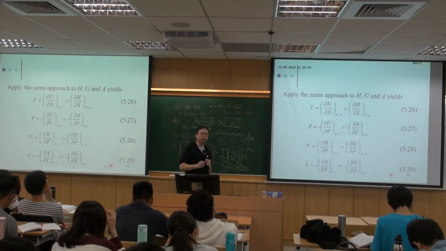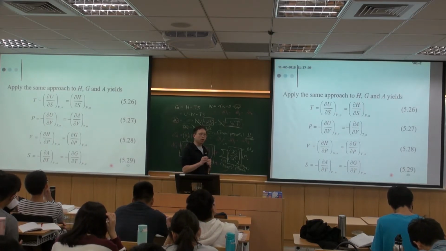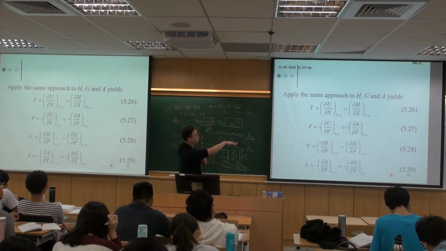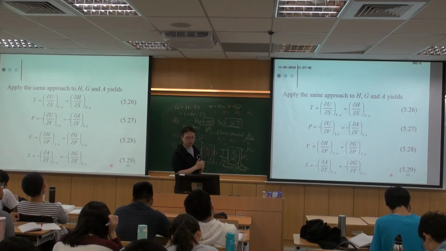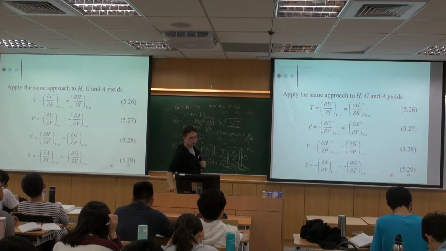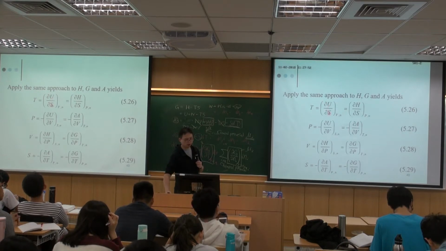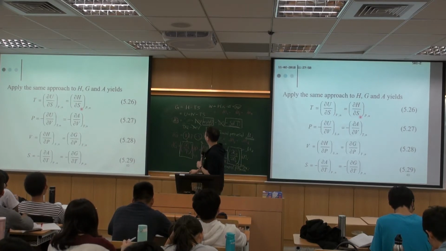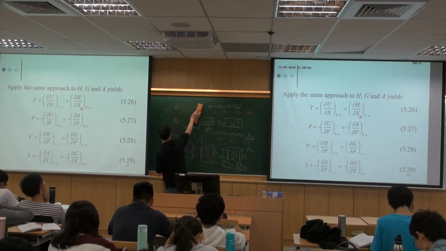If you do the same for enthalpy, Gibbs free energy and Helmholtz free energy, this will yield these four relations. So the temperature, again, is partial U, partial S, but it's also partial H, partial S. If you don't know why, of course, we can go through that, but it should be pretty straightforward.